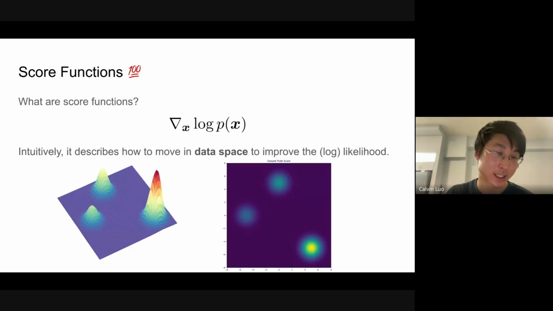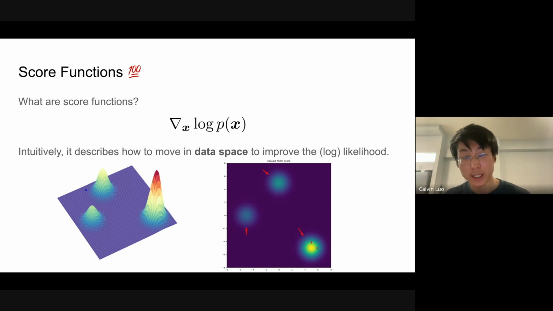And we return to the slide of trying to understand intuitively what a score function is. Again, it tries to describe how to move in the data space to improve the log likelihood, and is defined for the entire data space for any arbitrary x. It's like it defines a field. So basically, for any arbitrary point, the score is the arrow that points towards the mode.